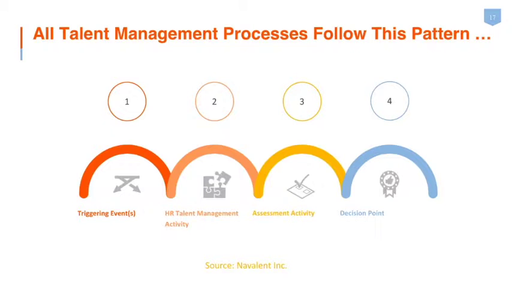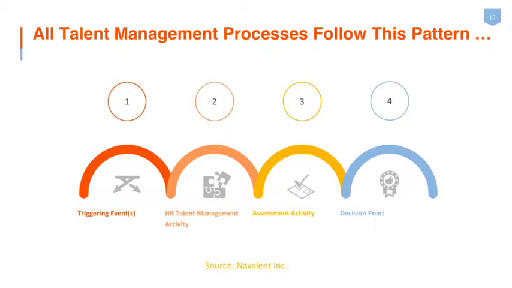An example that is fairly clean and obvious is the talent management process of selection. Right? What's the triggering event in selection? Well, the triggering event in selection is that we have candidates for a position that's been posted and is open in our organization.